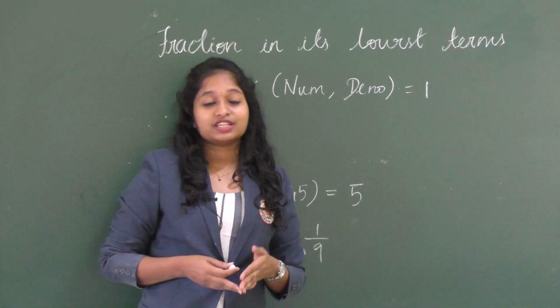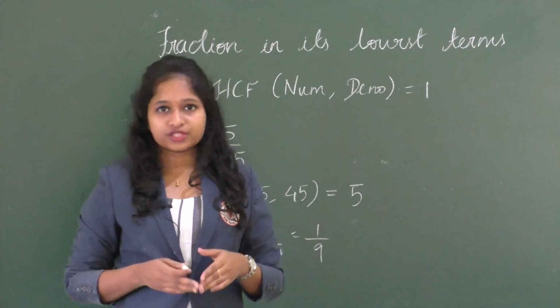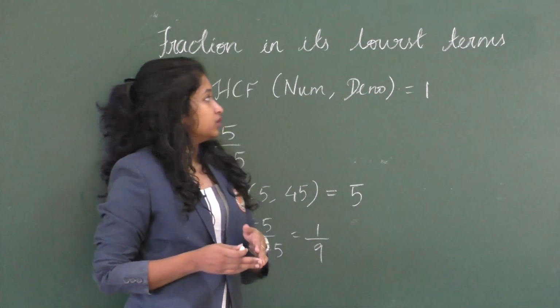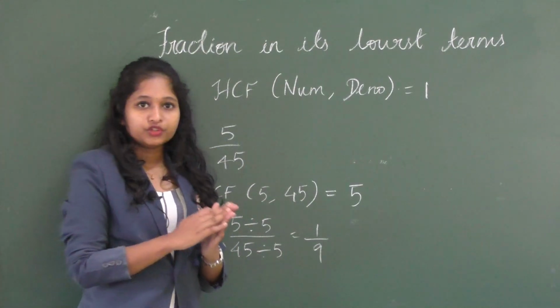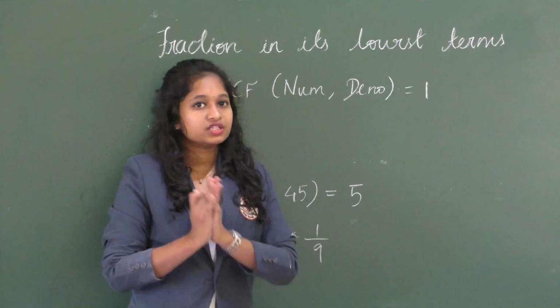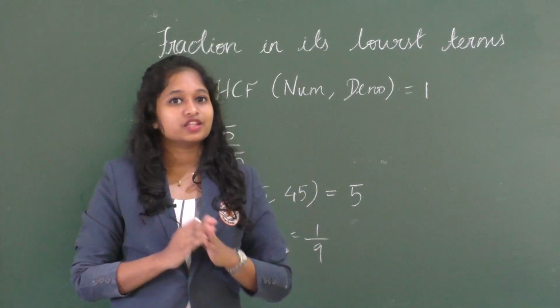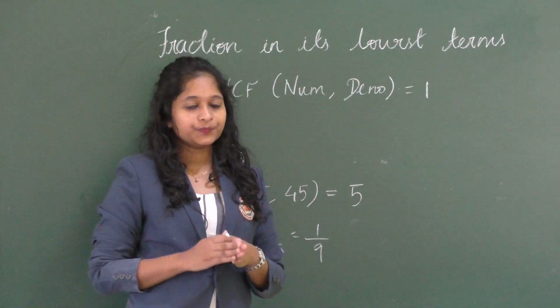Our next topic is fraction in its lowest terms. The fraction in which the HCF of numerator and denominator is 1 is said to be in its lowest terms. Okay?